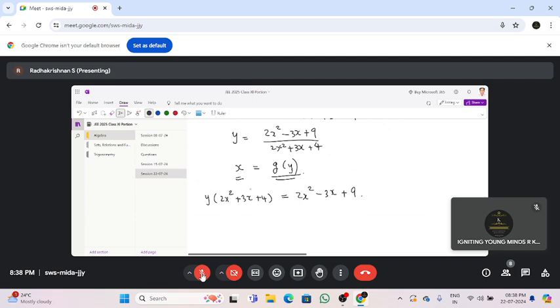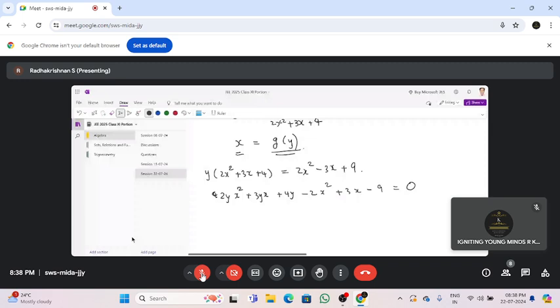So how do you write that? Now you have to write it as a quadratic expression in x. So 2y x square plus 3yx plus 4y minus 2x square plus 3x minus 9. Okay.